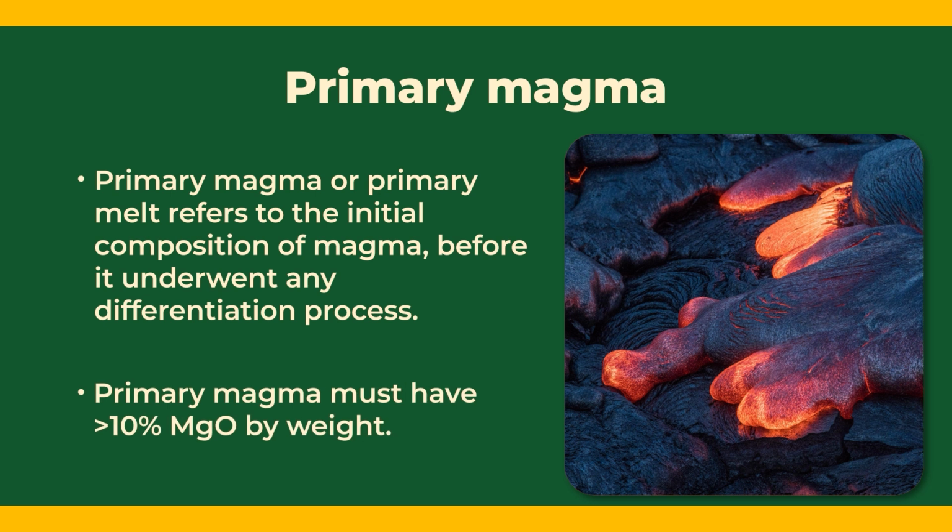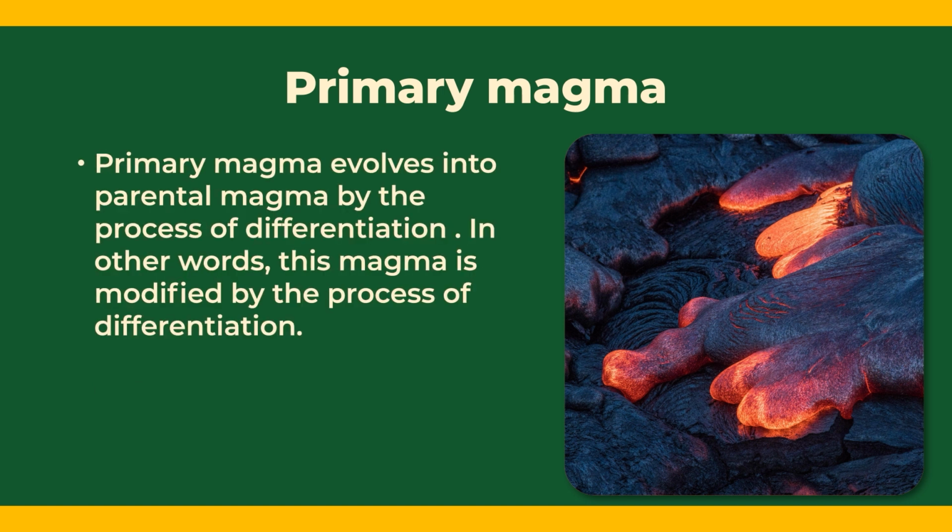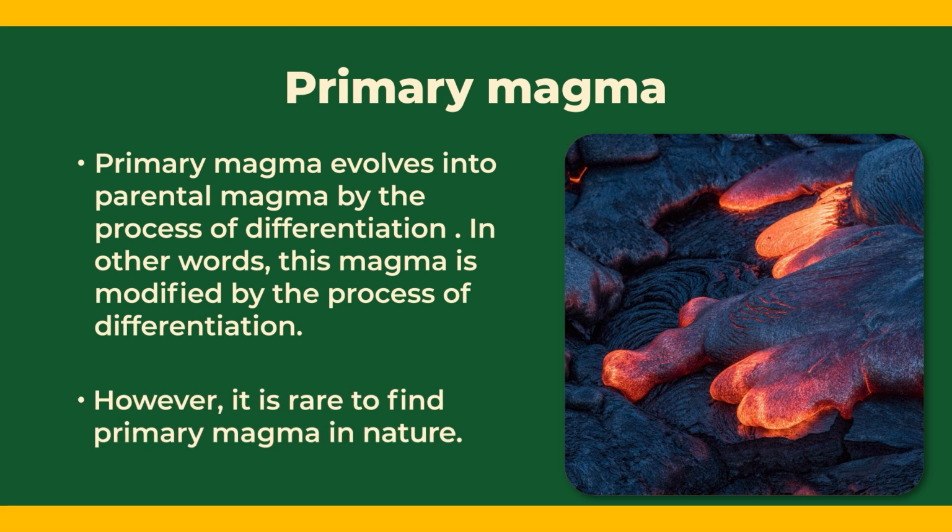Primary magma must have more than 10% magnesium oxide by weight, and primary magma evolves into parental magma by the process of differentiation. In other words, this magma is modified by the process of differentiation. However, it is very rare to find primary magma in nature.